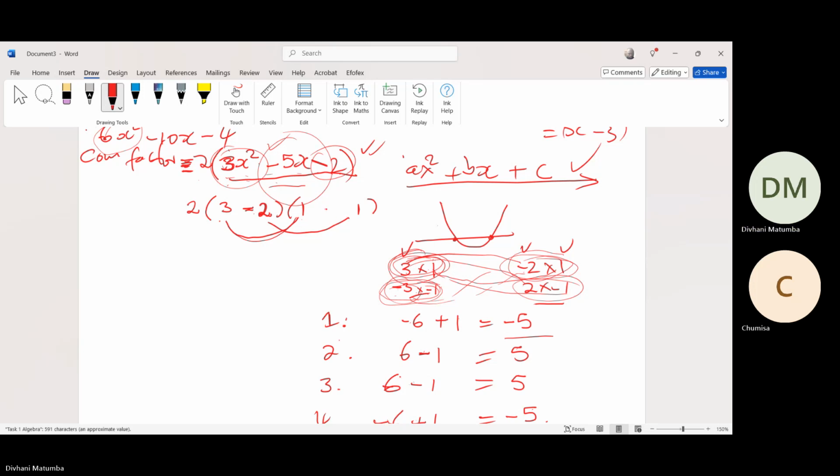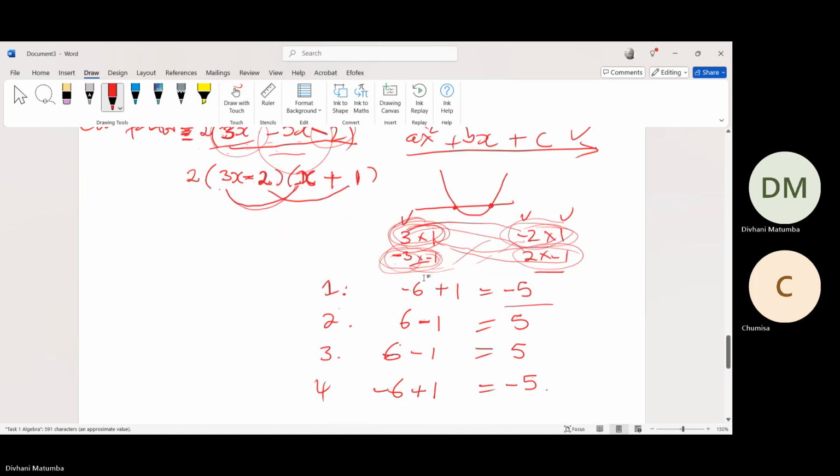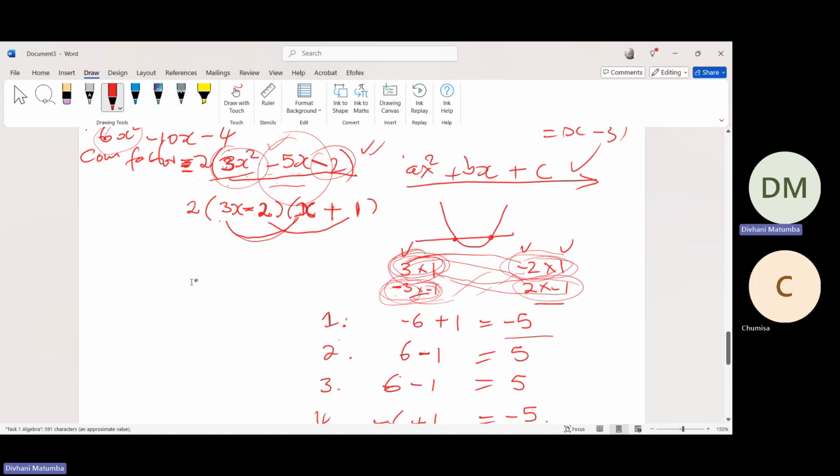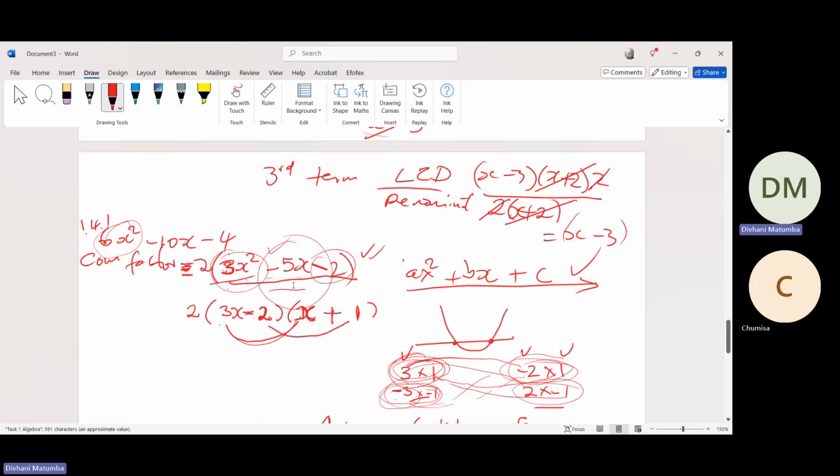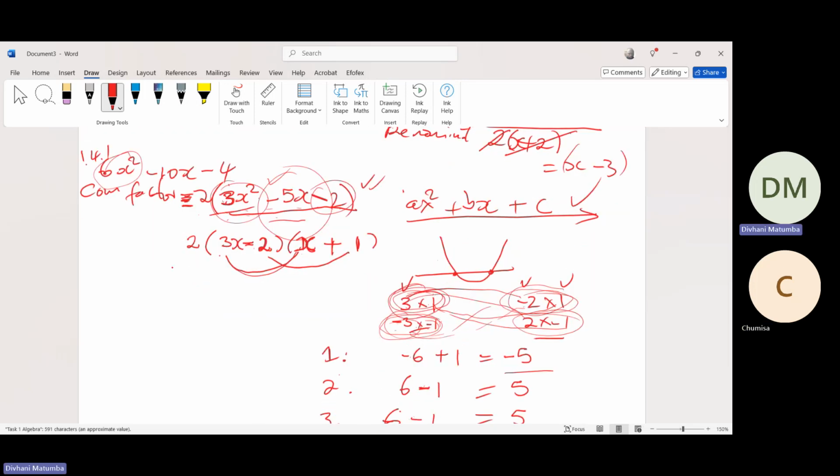However, you are dealing with 3x squared, so your 3x squared comes from 3x times x. So these are the factors that you have. You have factorized. You agree? So you are done factorizing.